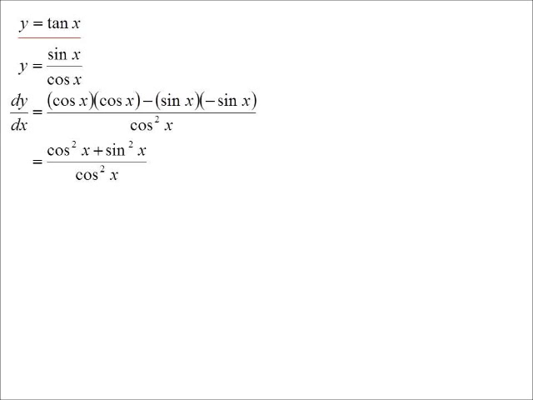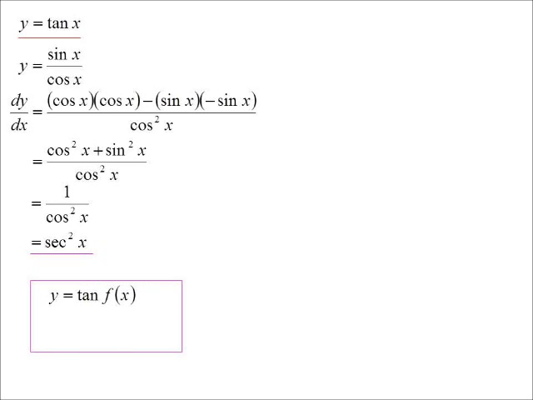So on the top, we end up with cos squared plus sine squared, which of course we know is equal to 1. And the reciprocal of cos is sec. So that's interesting. Well, differentiate tan, you actually get sec squared. In general, tan of some function, again, differentiate the angle. Tan goes to sec squared. The angle does not change.